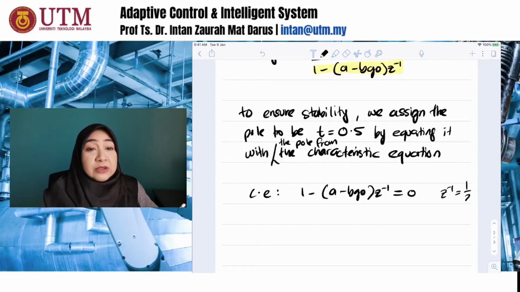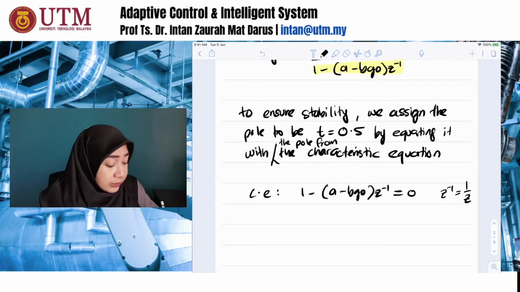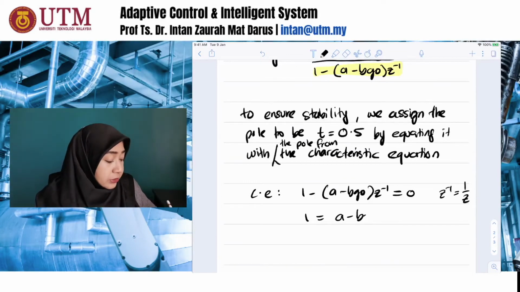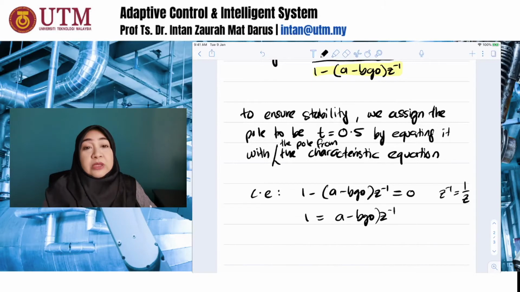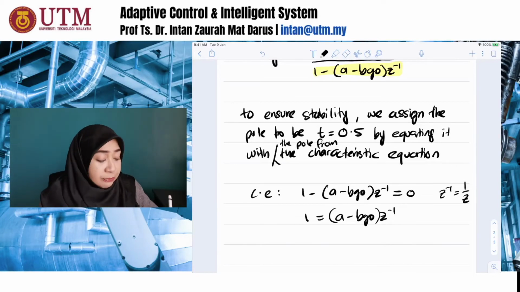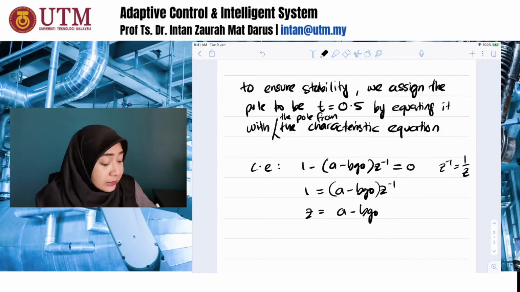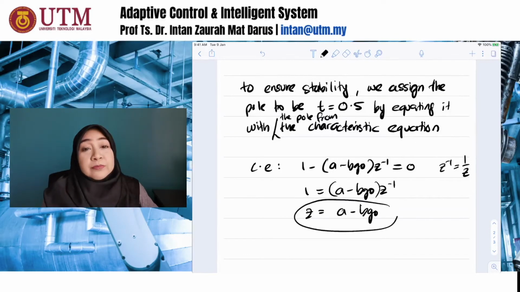So if I do that, I'm going to get 1 equals (A minus BG naught) z^-1. So that z^-1, if I change it to 1 over z and bring it to the other side, then I will get z equals A minus BG naught, that's all. Okay, so this is the pole of your system. So right, what we can do then is assign this pole to be 0.5.